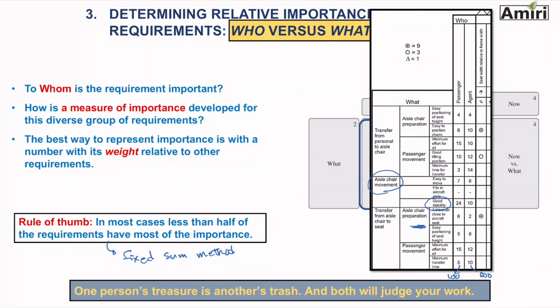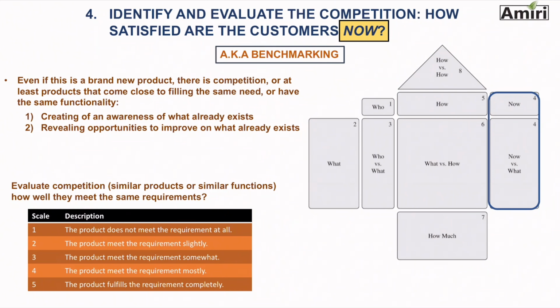The agent maybe cares a little bit more about the efficiency of transport, and then good lifting position, as you can see, and so on. So you can go through it with a little bit more time and understand what each means. Please watch the rest of the steps in part 2 of this video.